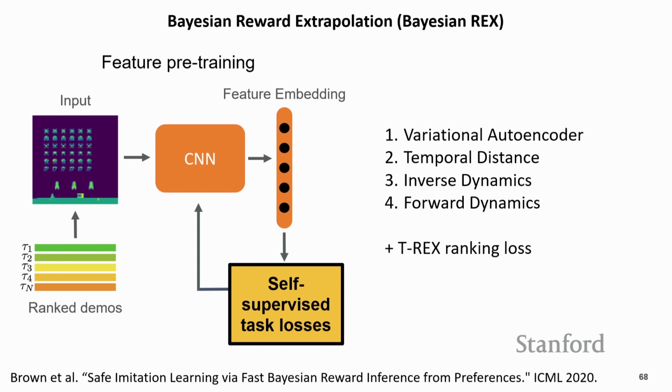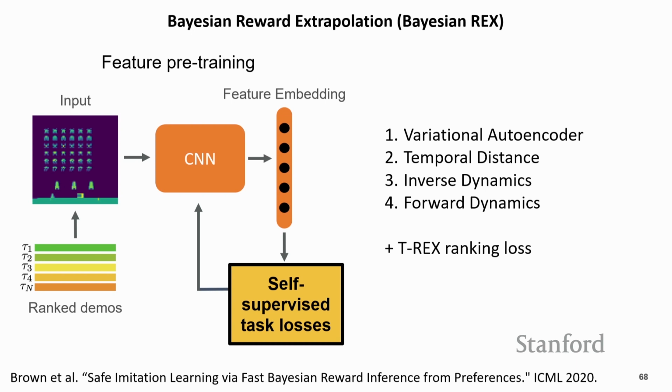But we found that just doing unsupervised or self-supervised training wasn't as good as when we added in a little bit of actual supervised learning. And interestingly, just doing supervised learning didn't do as well as adding in some self-supervised learning. The intuition here, and this is still an open question of why, is that these self-supervised tasks will learn lots of interesting features, but they may not be relevant to what the human wants at all.